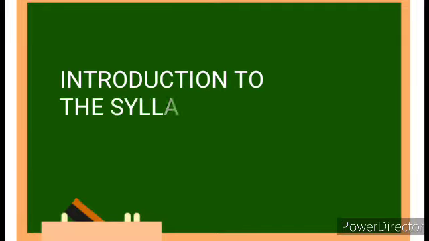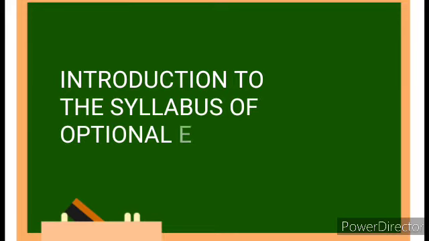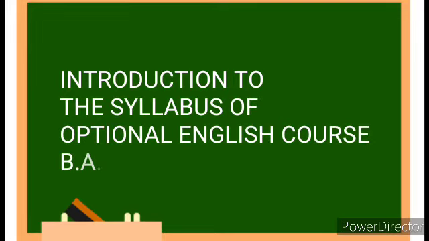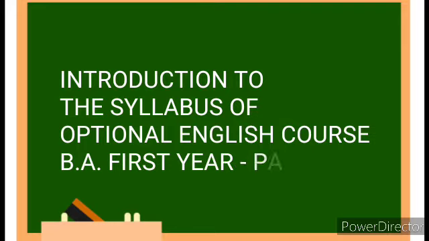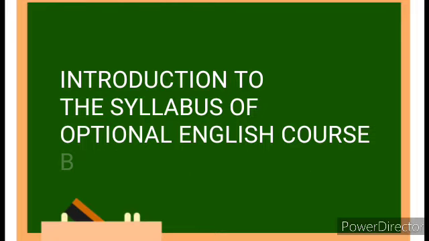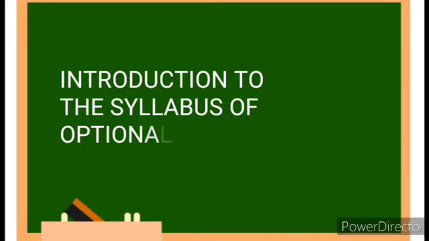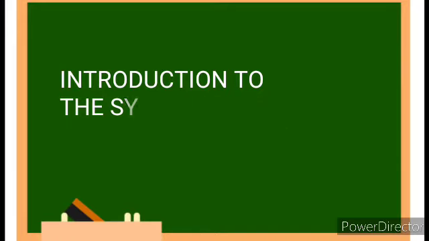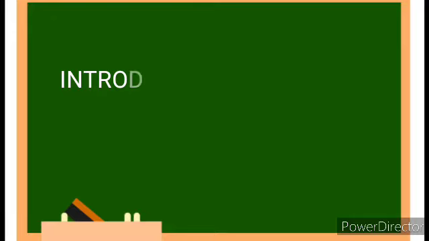Now I will introduce you to the first paper, that is structure of language. In both the semesters you have this paper with different content and different paper number. In the first semester you have the first paper with the title structure of language with content that we are going to see now.